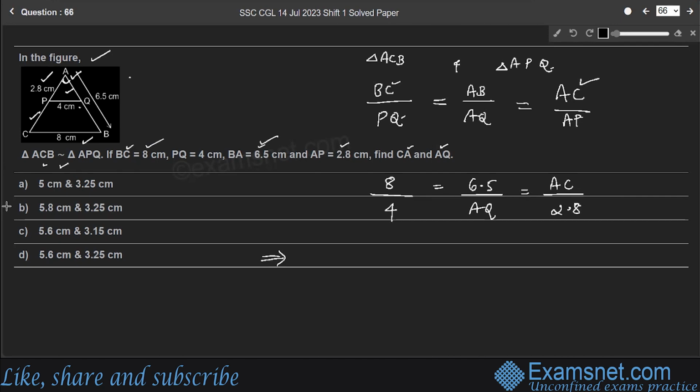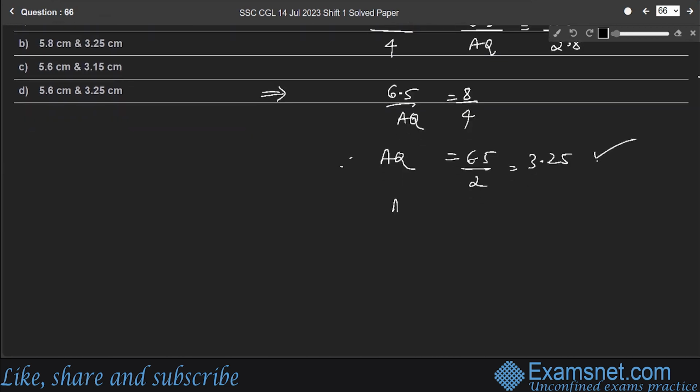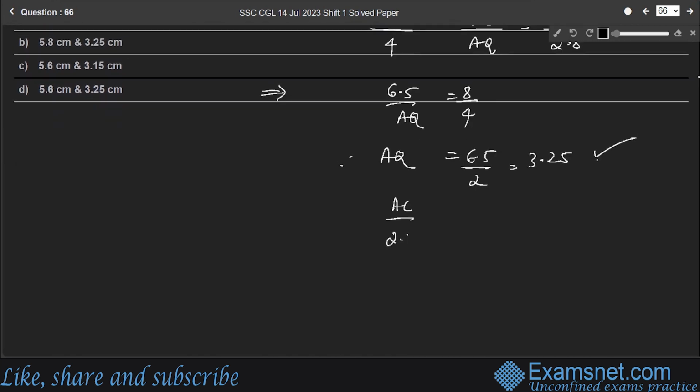So we can equate the second part: 6.5 by AQ is equal to 8 by 4, which is nothing but 2. Therefore AQ is 6.5 by 2, which is 3.25. Whereas for AC, equate AC by 2.8 to 8 by 4, which is 2.